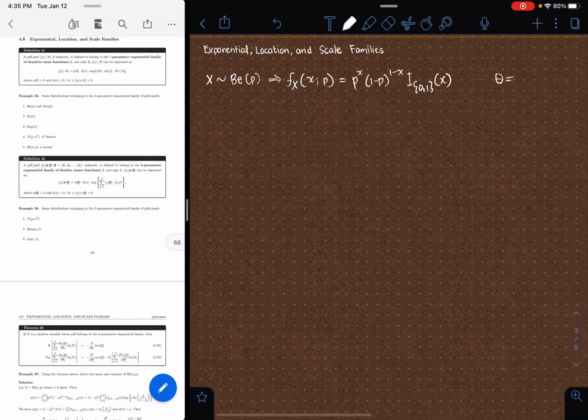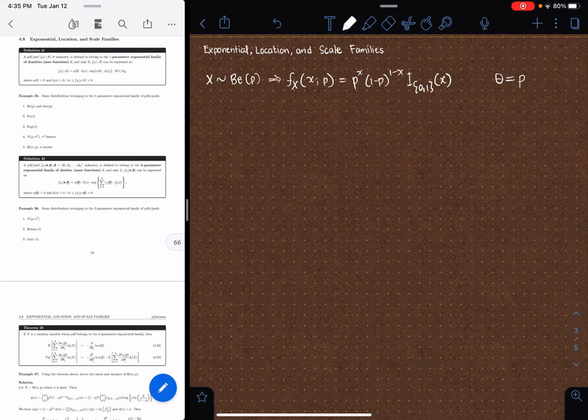The parameter theta, which is the one used in Definition 41, is actually p. Okay, so we must be able to write this as a function of the parameter p times a function of x alone and an exponential of the product of a function of the parameter p and of x alone.